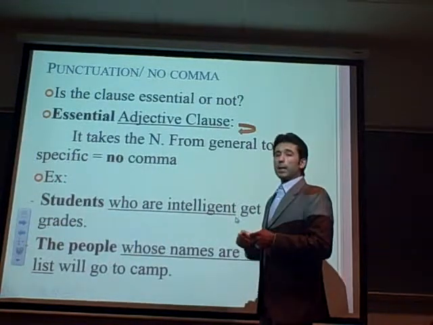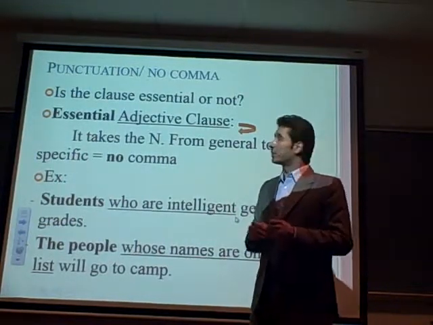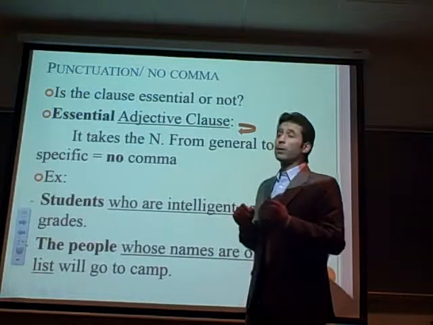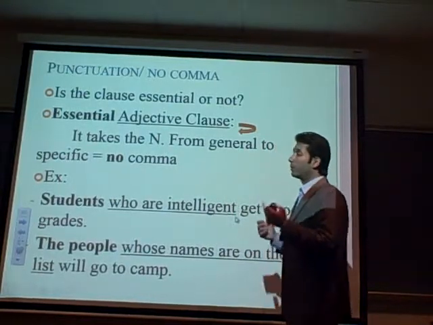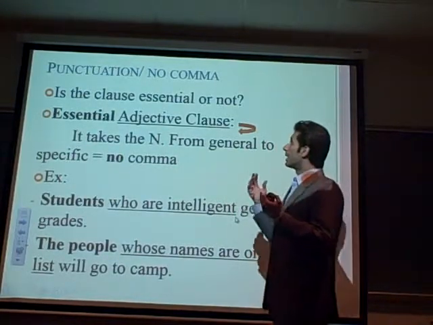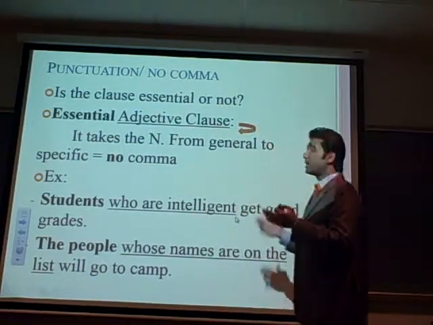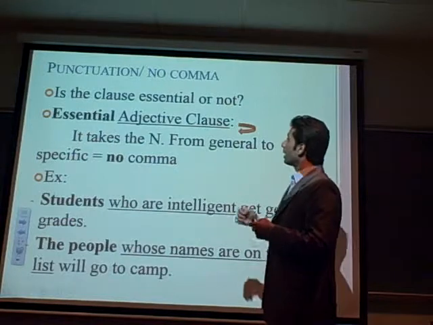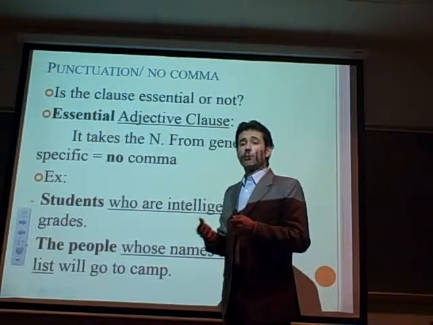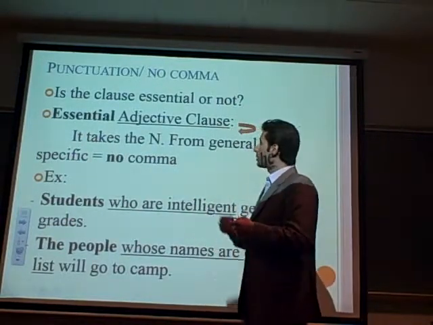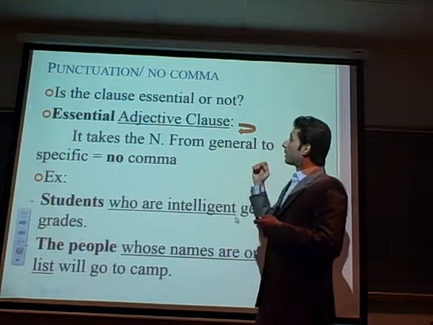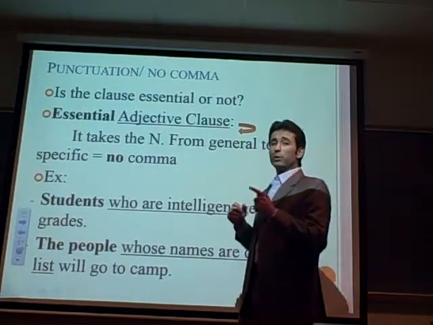In order to understand this, we need to ask ourselves, is the clause essential or not? We mean the adjective clause. Is it essential or not? Identifying or not? Restrictive or not? If it is an identifying, essential, restrictive adjective clause, we don't use a comma.